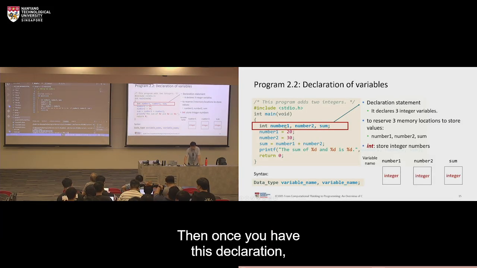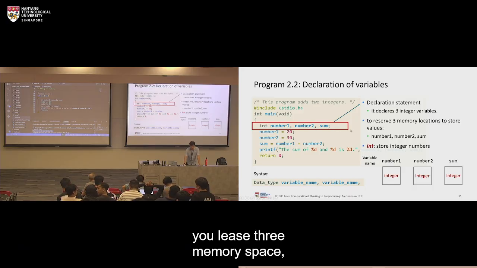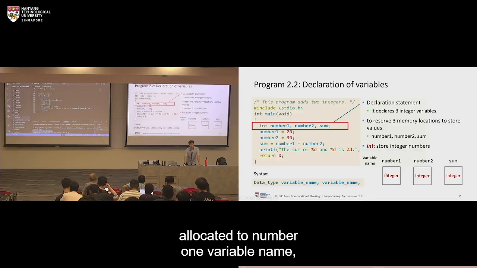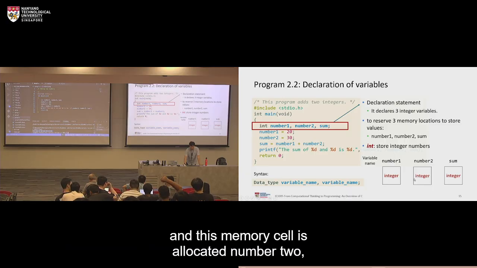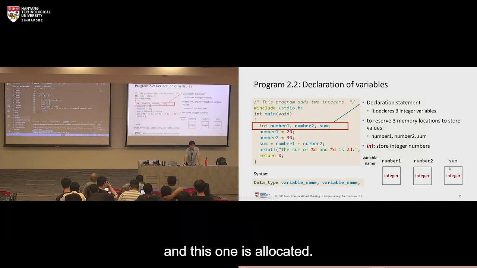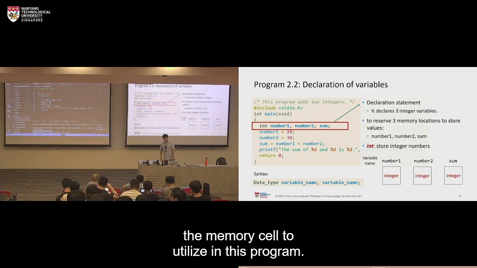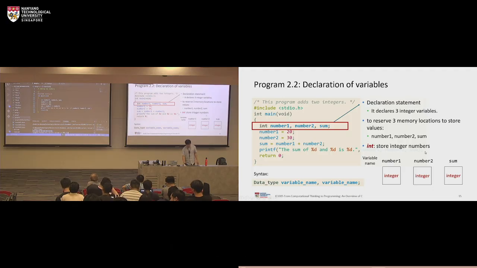Then once you have this declaration, you reserve 3 memory spaces, as you can see here. This memory cell is allocated to number 1, the variable name. And this memory cell is allocated to number 2. And this one is allocated to sum. So this is preoccupying the memory cells to utilize in this program.